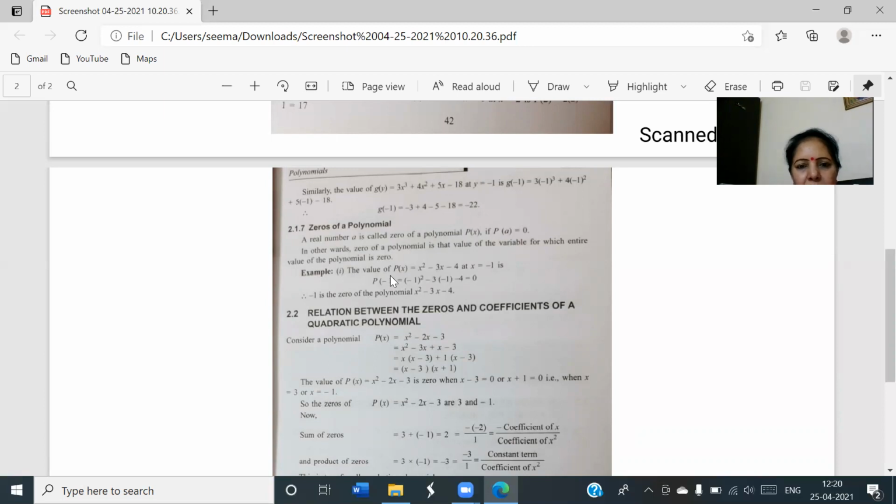You can see an example here. p(x) is given as x square minus 3x minus 4, and we replace x by -1. After substituting x as -1 and simplifying, we get 0. It means by using x as -1, the value of the polynomial is 0. That's why -1 is called a zero of this polynomial, because it is making it 0.